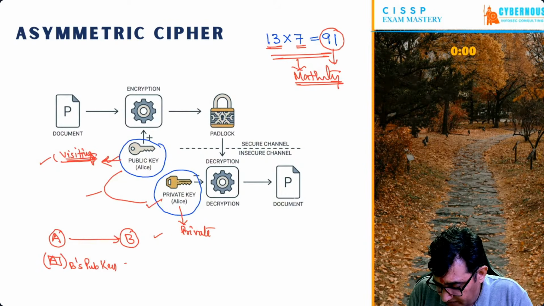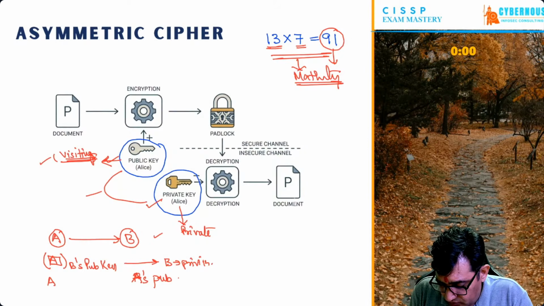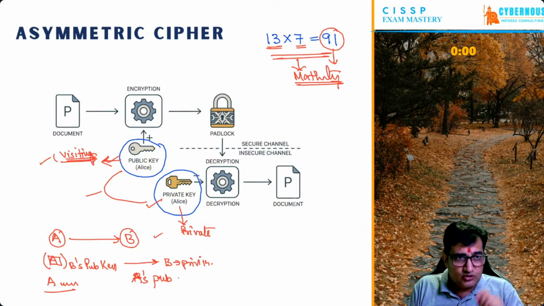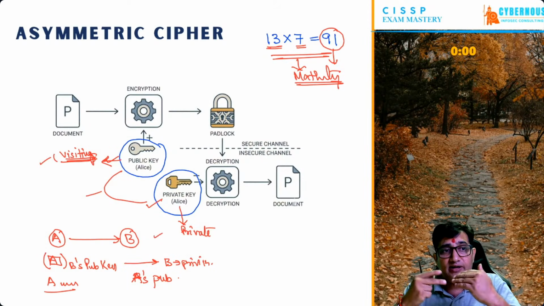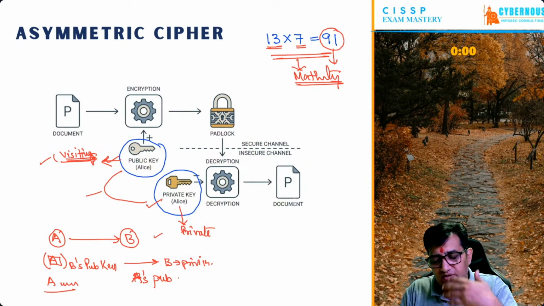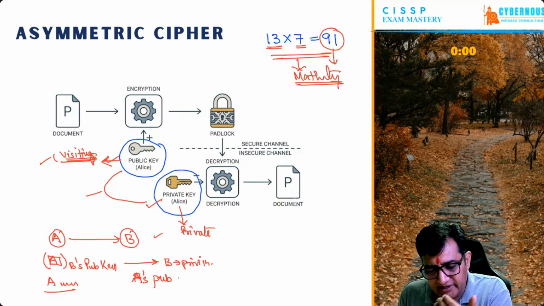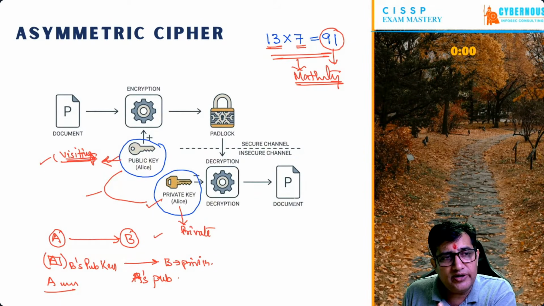And then when the message reaches B, B is going to use B's private key. When B wants to reply, B is going to use A's public key, and A is going to use their private key to decrypt. So please understand, for encryption in normal fashion, we always use the public key of the receiver to encrypt the message.